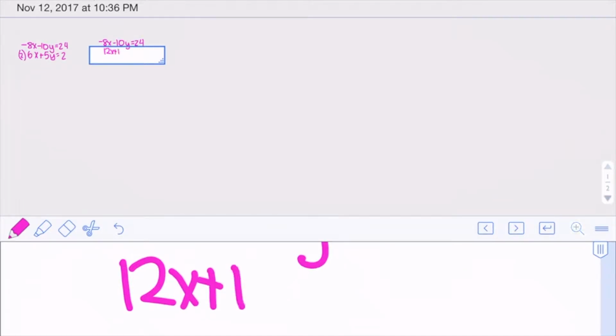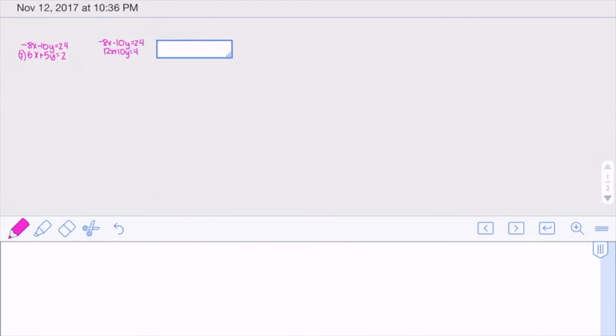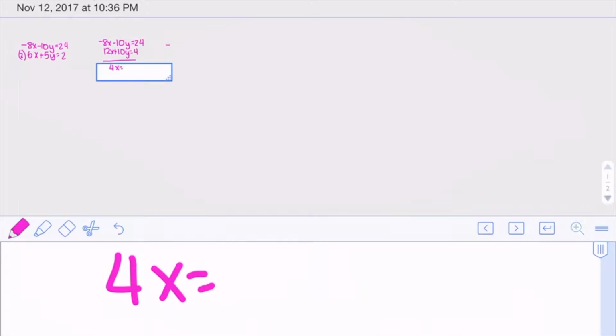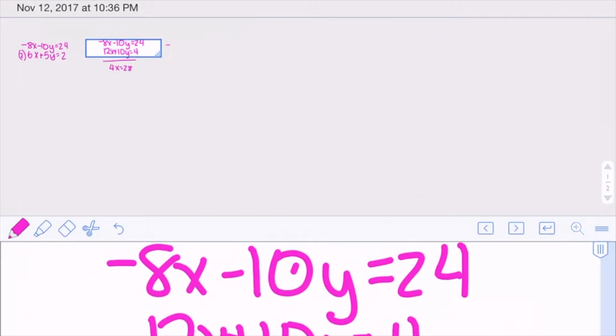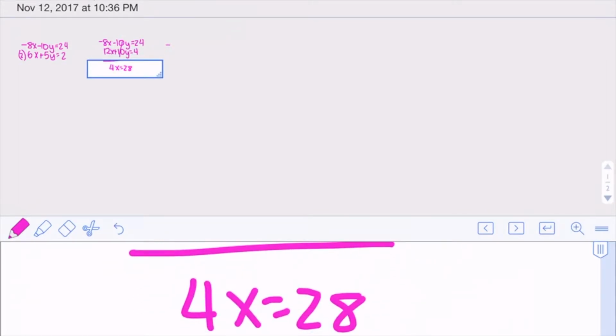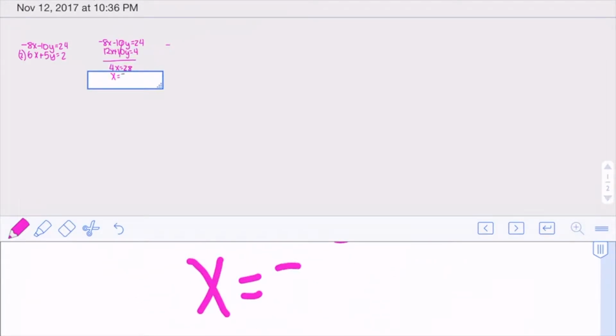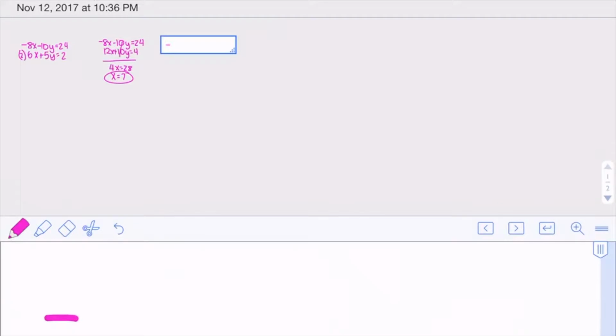So in the next step, we'll write out negative 8x minus 10y equals 24, and then below that 12x plus 10y equals 4, giving us 4x equals 28. Divide both sides by 4, getting x equals 7.